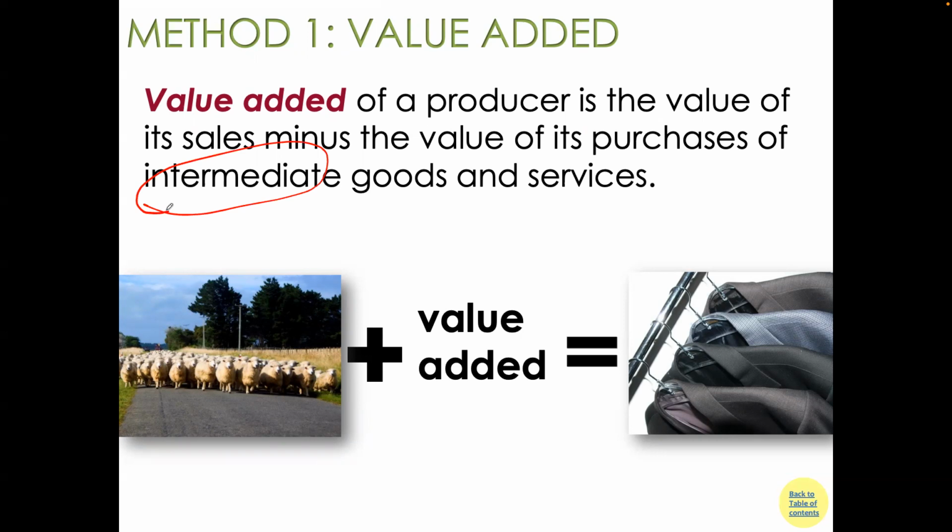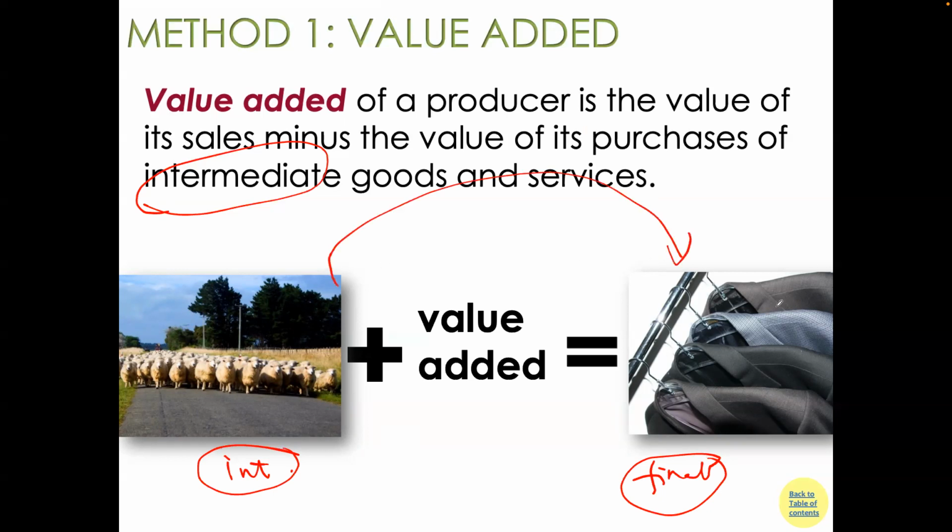Clearly, this is an intermediate good. That's called INT. This is the final good. If we don't differentiate between these two, and we just count both as products, what is going to happen?